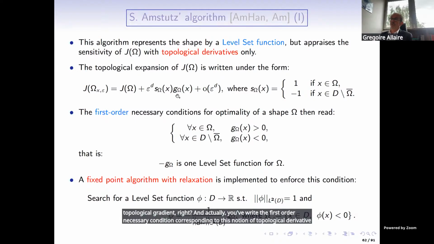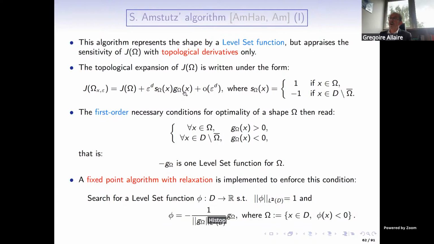So this is, omega is going to be optimal if this term is always positive. So you ask that this term is positive inside omega, and because you can also compute this topological derivative outside from omega, you ask it to be negative outside from omega, right?